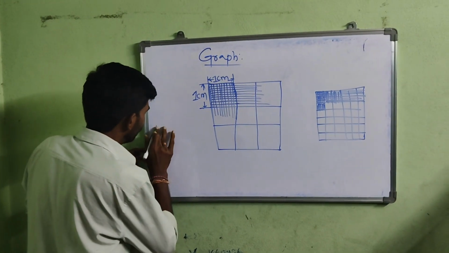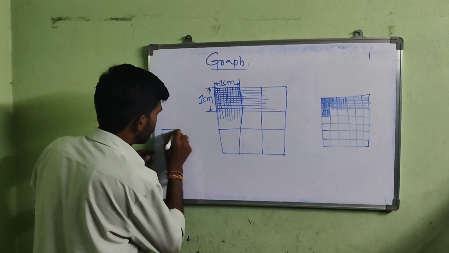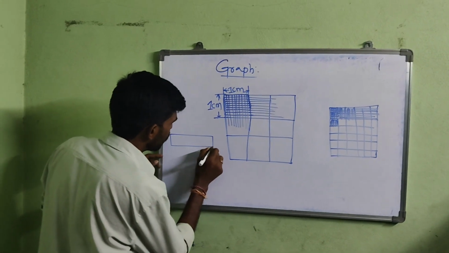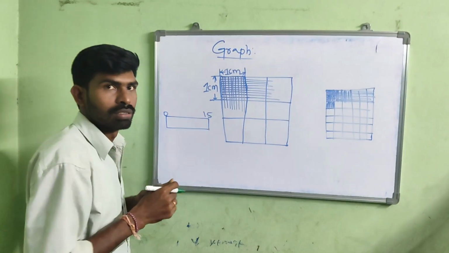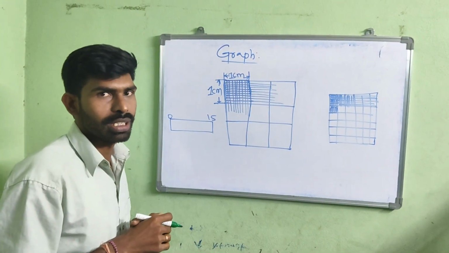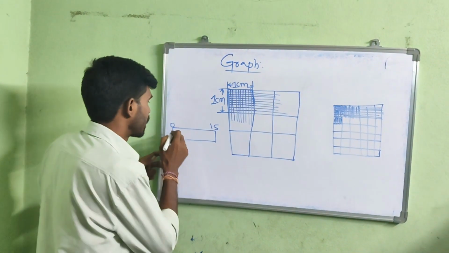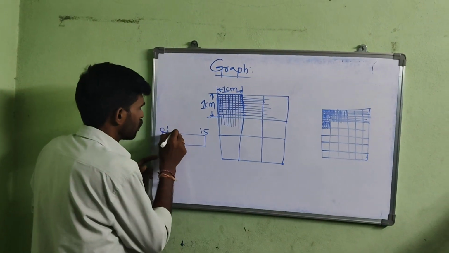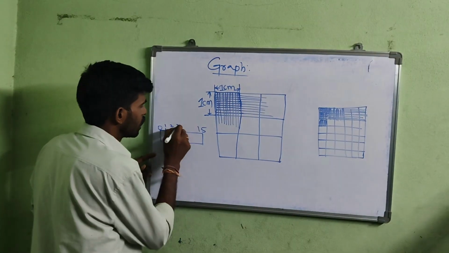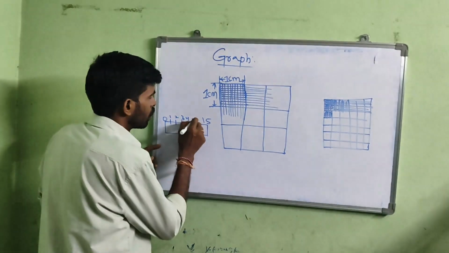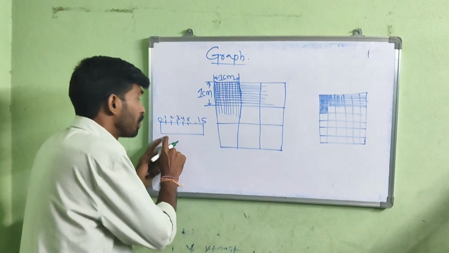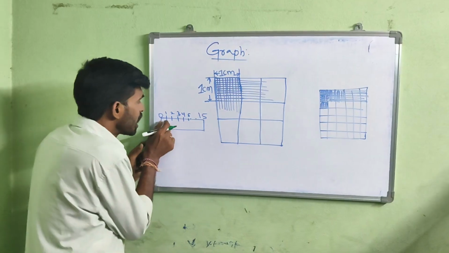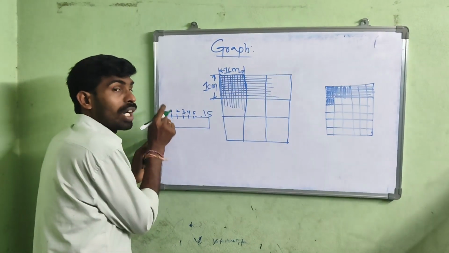When we take a 15 centimeter scale, 0 to 15 centimeter scale is there in your compass box. You can see the 15 centimeter scale. 1, 2, 3, 4, 5, like this divisions are there on your compass scale. Each one means here 1 centimeter.